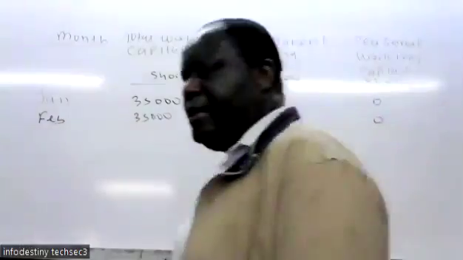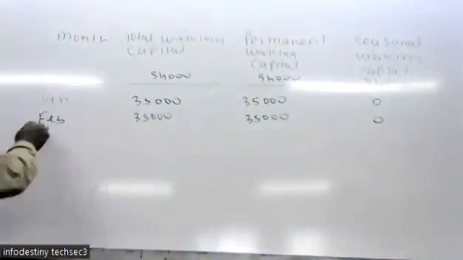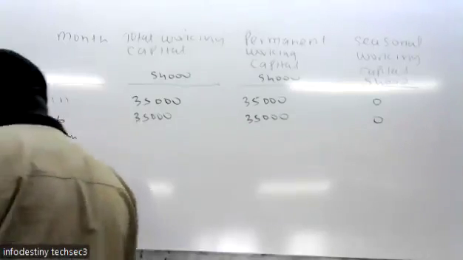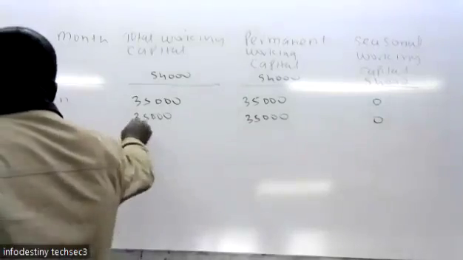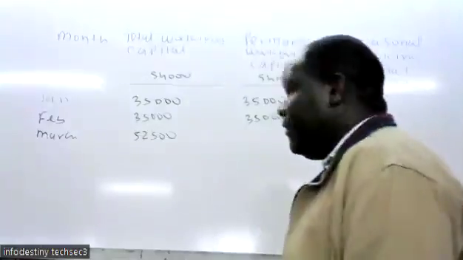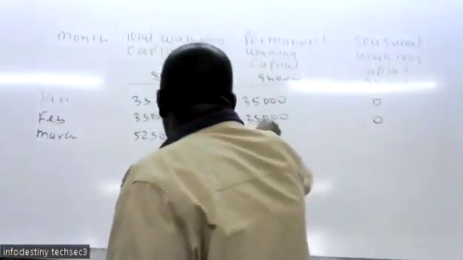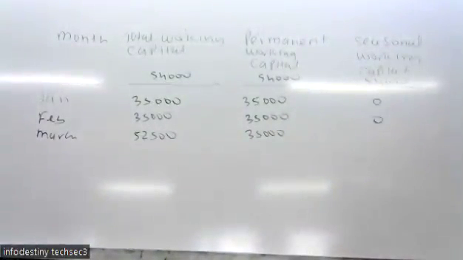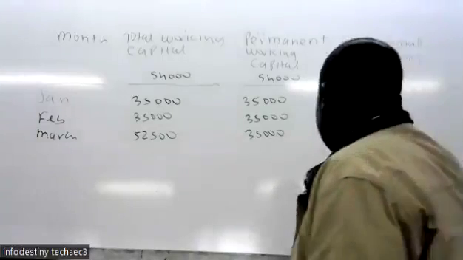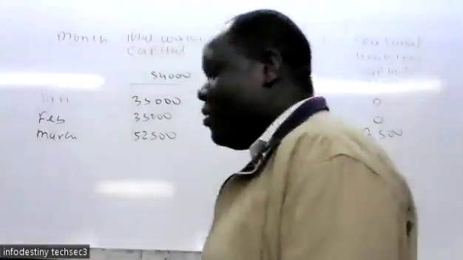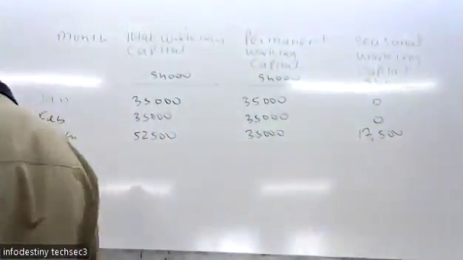We go to the next month, March, which is given as 52,500. Permanent is not changing, it's 35. When you subtract 35 from 52,500, this is 17,500.